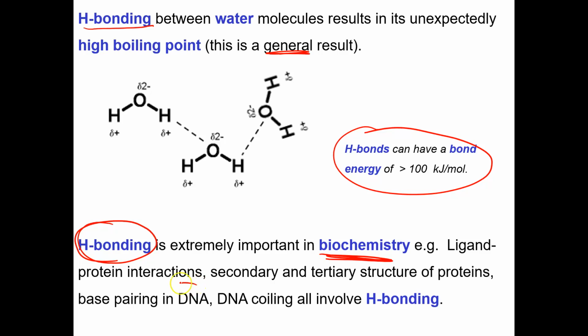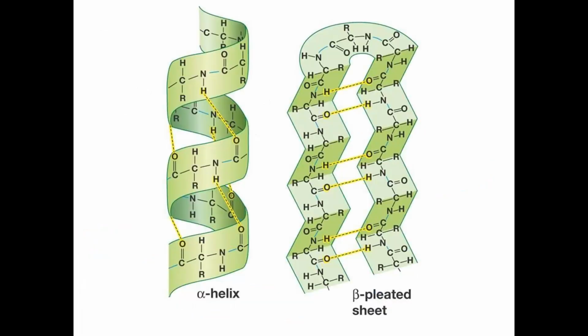Hydrogen bonding is important in the pairing of DNA, so when we have those A to T and C to G interactions, and it's important in DNA coiling, when we see things like the formation of chromosomes. So all of these processes involve hydrogen bonding, and I'll give you a few examples now.